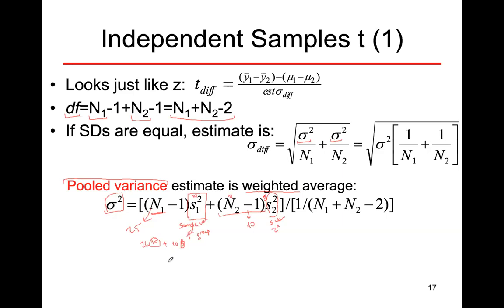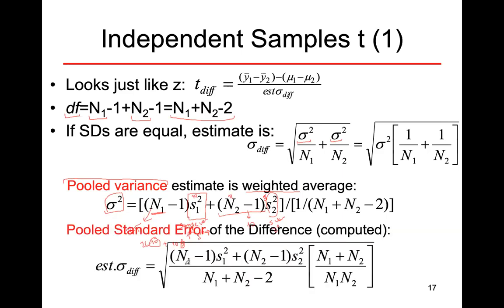So I hope you get the pooled variance part. We have the pooled variance using this approach, and then we find the estimated standard error like that.